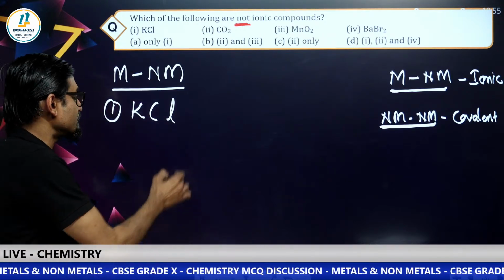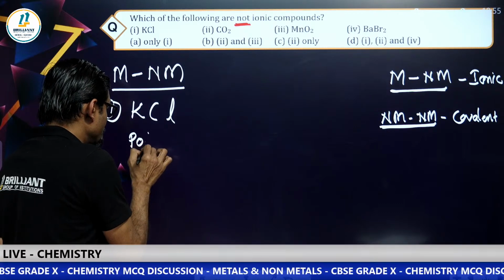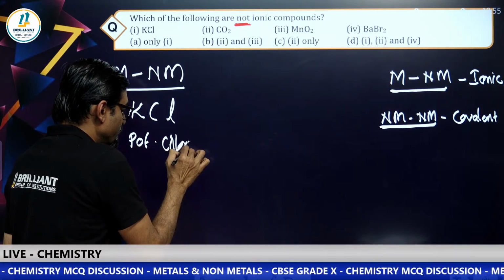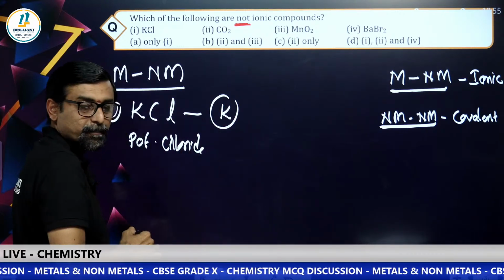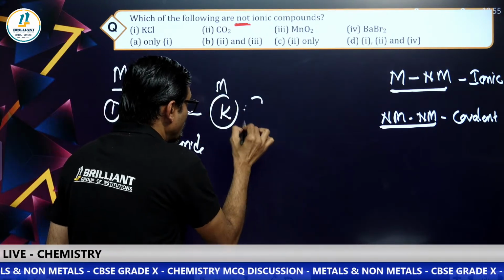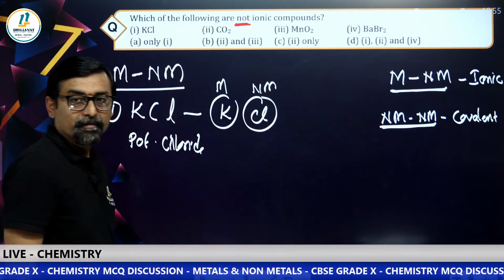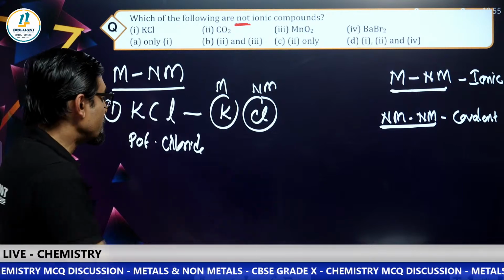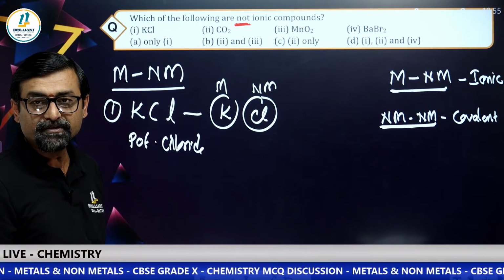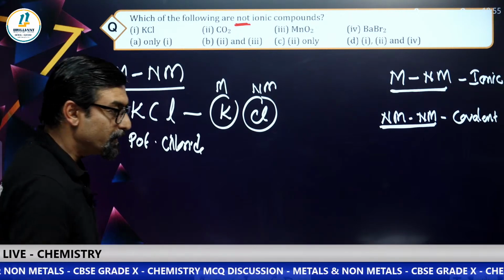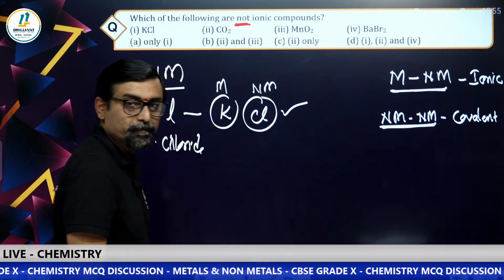KCl is potassium chloride, which is made up of a metal, potassium, and chloride, a non-metal. So a metal and a non-metal. Can we get an ionic bond with these two combined? Yes. So potassium chloride is an ionic compound.